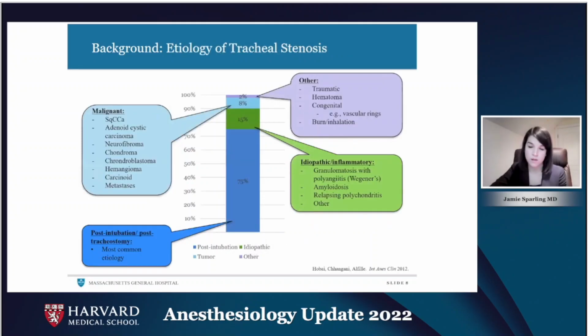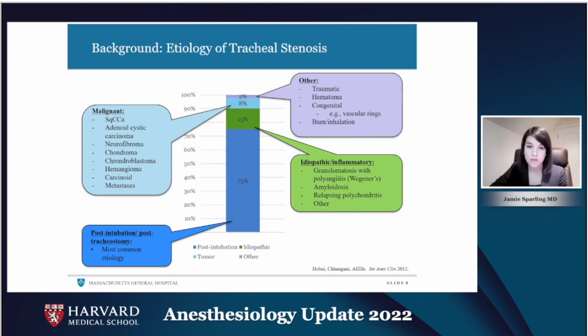There are a number of etiologies of tracheal stenosis. The most common by far, representing about 3/4 of cases, is post-intubation or post-tracheostomy stenosis, which we'll dive deeper into in a moment. The second most common etiology is idiopathic or inflammatory, of which granulomatosis with polyangiitis, formerly known as Wegener's granulomatosis, is one subtype.